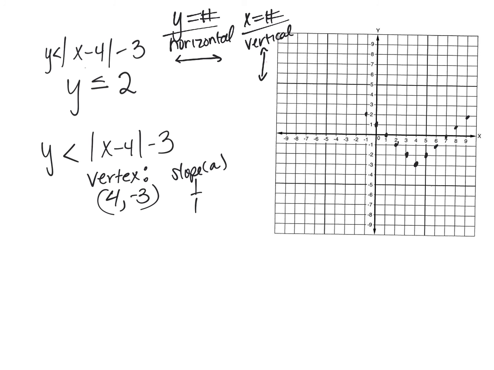Now, should this be a solid or a dashed line if its y is less than the absolute value? Dashed. And less than shades up or down? Shade down. So I'm going to make a dashed line.